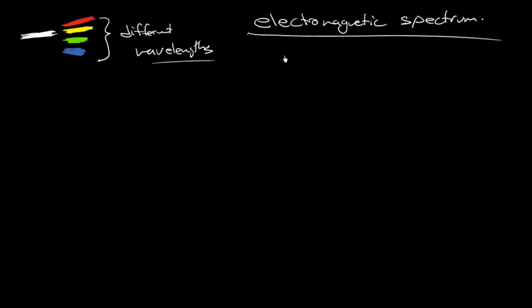And quickly, electromagnetic radiation can be thought of as having two components, an electric and a magnetic component of the wave. It's not particularly relevant for this discussion, okay?